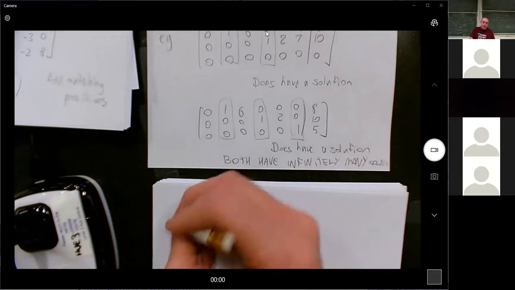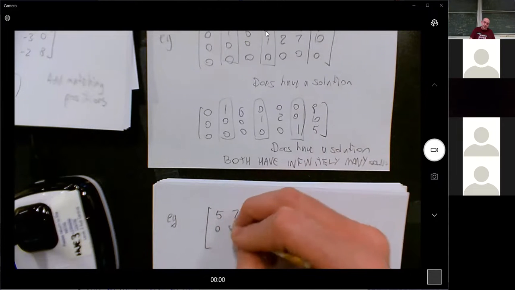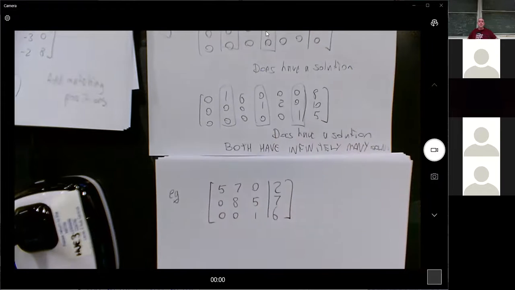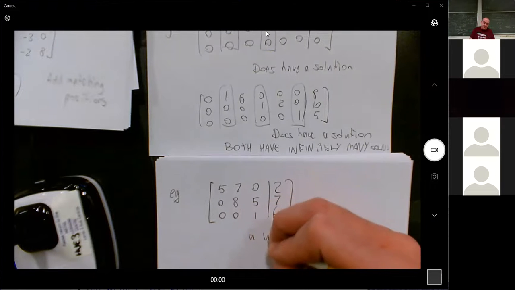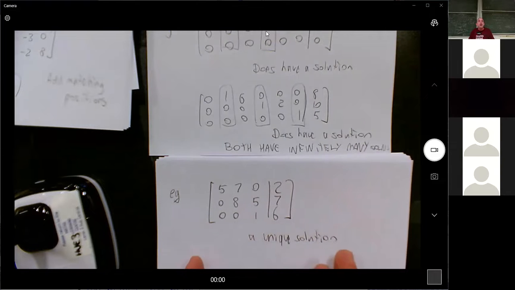Okay, so last one, maybe second last one. This matrix will have one solution, and mathematicians normally use the words a unique solution. Now, I haven't gotten it all the way to the end of my reduced row echelon form, but I can still tell that there will be a unique solution from this information here.